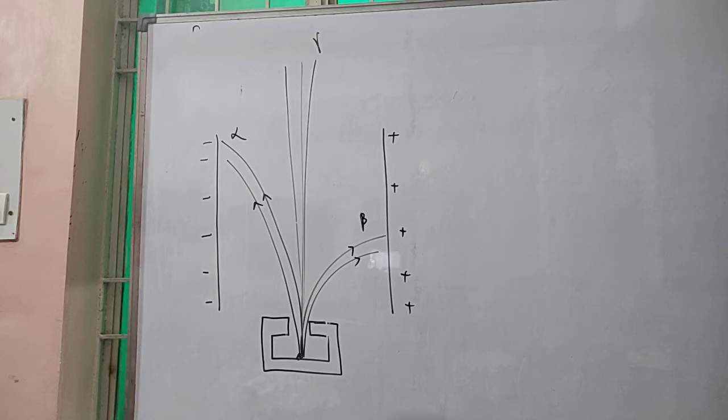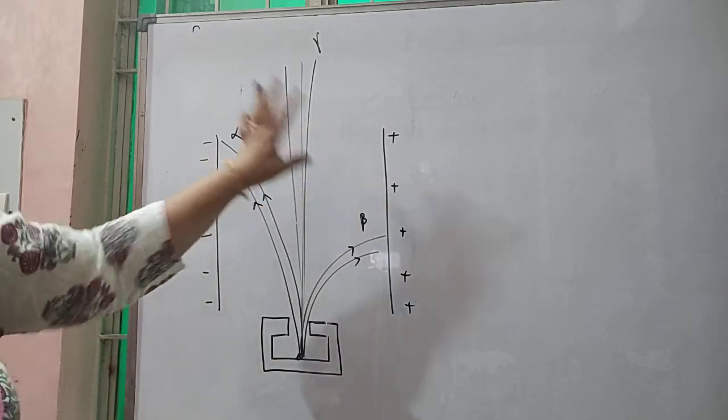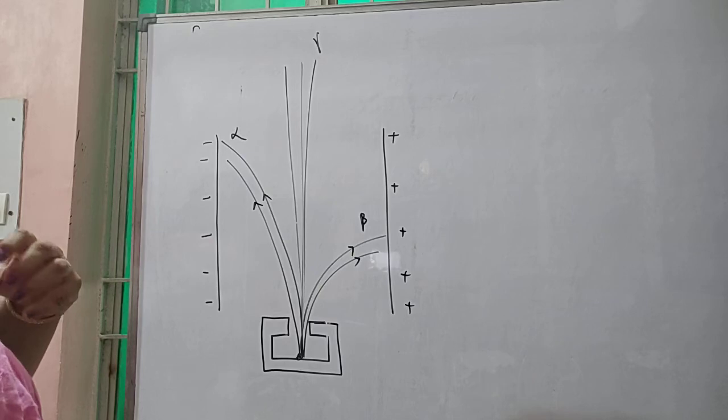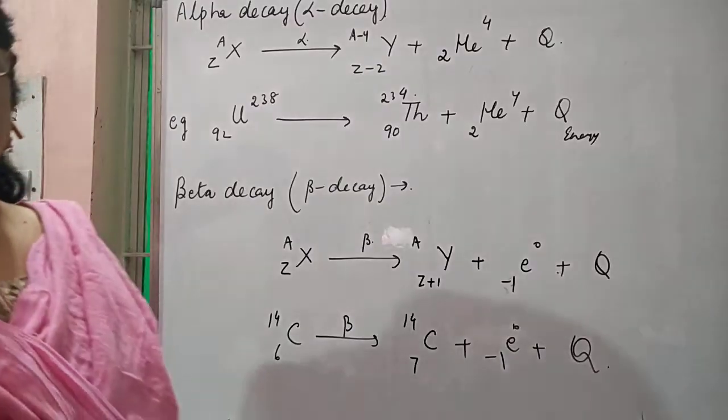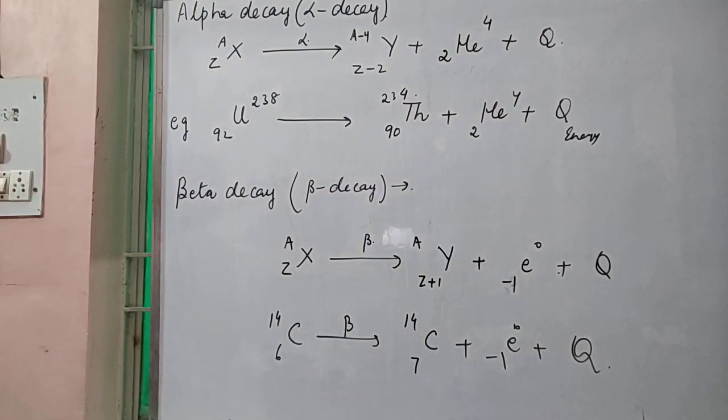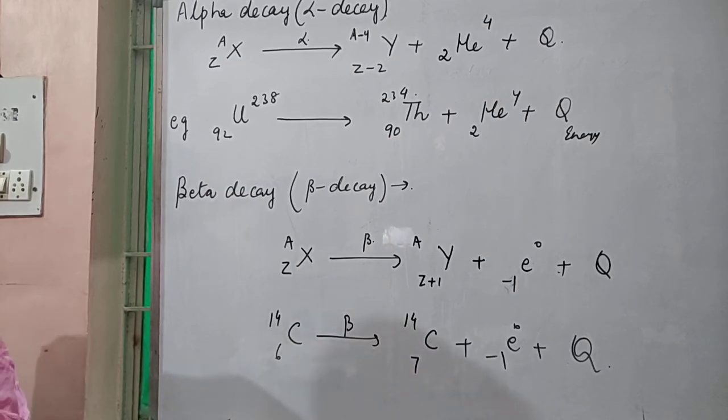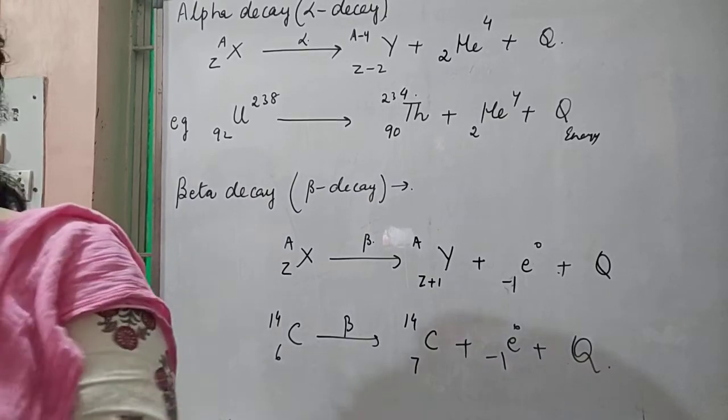Now, what changes take place when alpha, beta, gamma rays are radiated? Let's see. Again, a very important concept: what changes occur when radioactive rays are emitted from the nucleus when the nucleus is in an excited state.